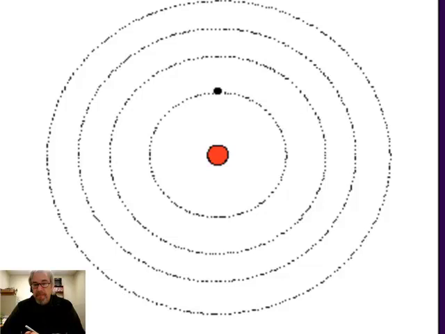So when the electron's in a small orbit, it has less energy. In a large orbit, it has more energy. And the drops from orbit to orbit give off the blue and red colors of light. Small drop, red light. Big drop, blue light. Since the electron can only exist in certain orbits and not between them, that means that you would get a line spectrum. You wouldn't get a continuous rainbow.